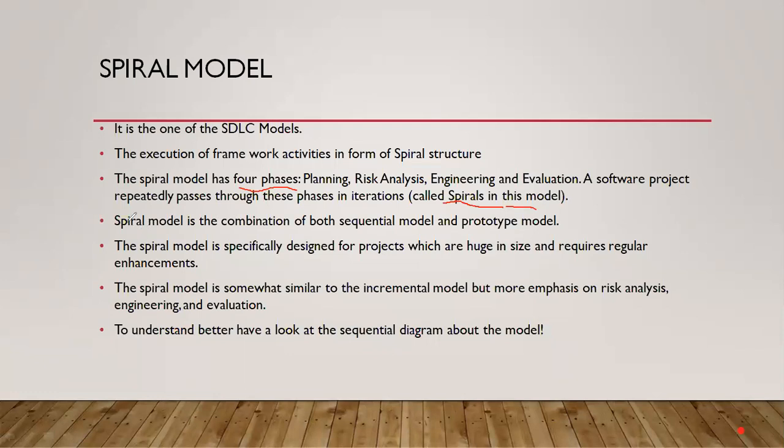Coming to the next point, the spiral model is a combination of both the sequential model and the prototype model. What does the sequential model have? In the sequential model, we execute the framework activities one after another.